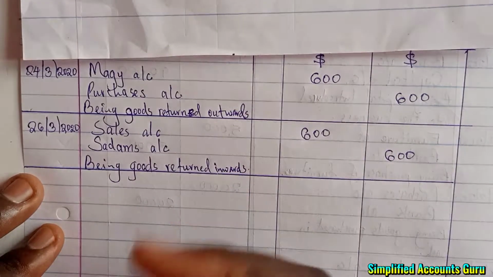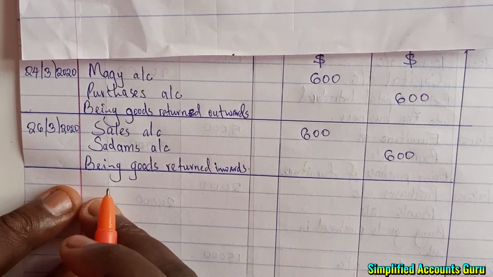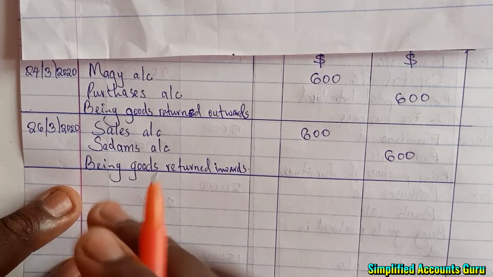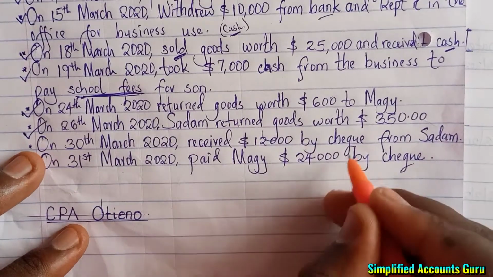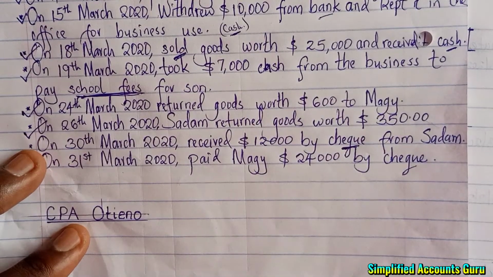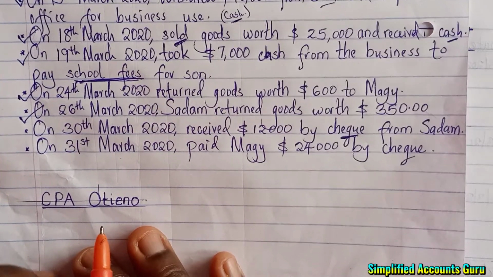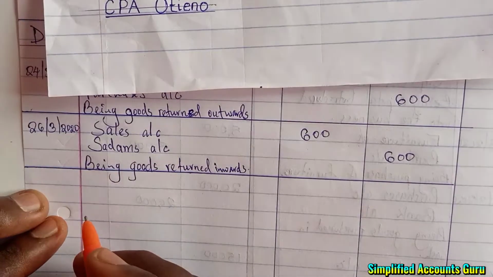So the name Saddam will be credited as a debtor, and we received this amount by check. Remember what we said about the check. It's about bank. So the bank is going to be increased by 12,000.